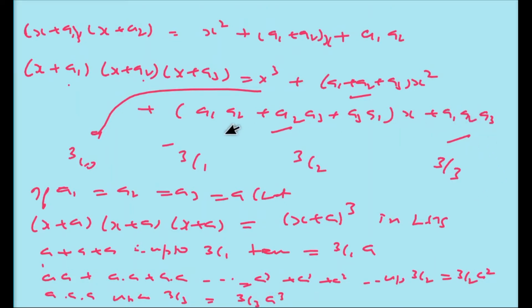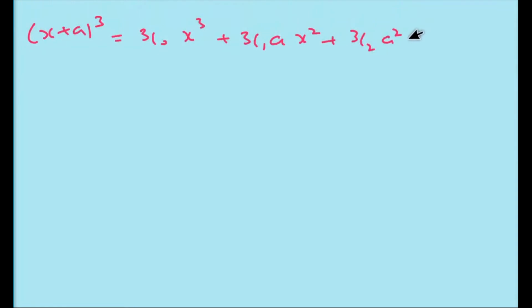Okay student, now using this we can write this RHS this way: (x plus a) whole cube is equal to 3c0 x cube plus 3c1 a x square plus 3c2 a square x plus 3c3 a cube x to the power 0.